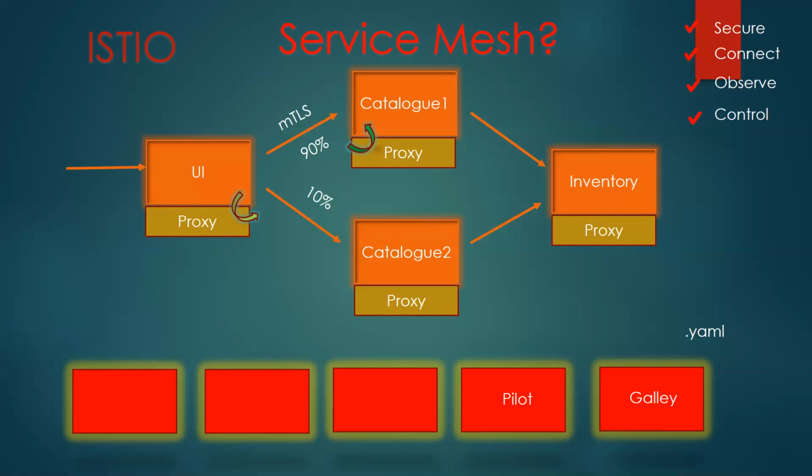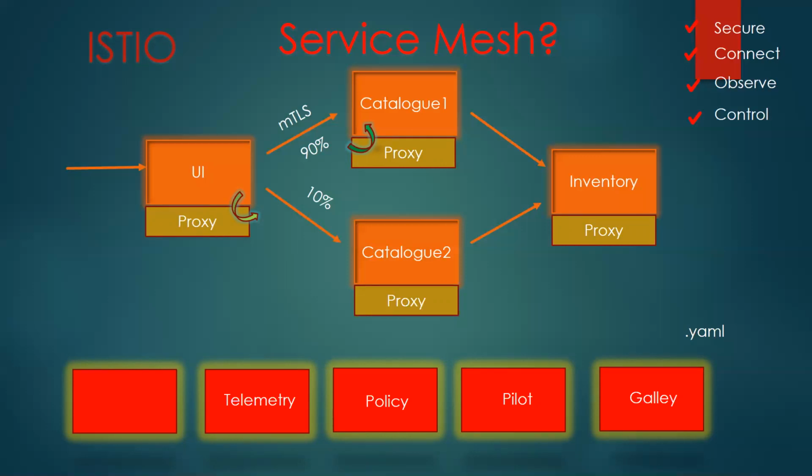And then the next component is policy. If you want to impose additional policies, this component will come into the picture and it will impose the required policies in the network. The next one is telemetry. Telemetry is a component which will receive all the metrics.